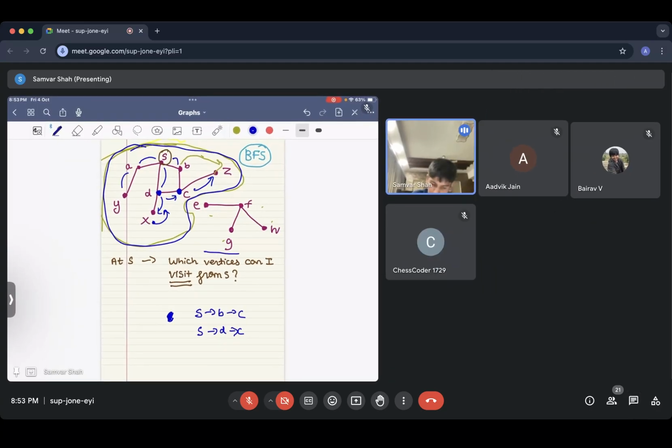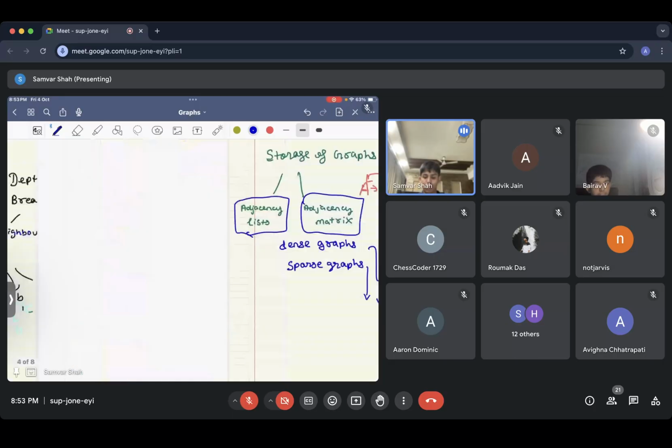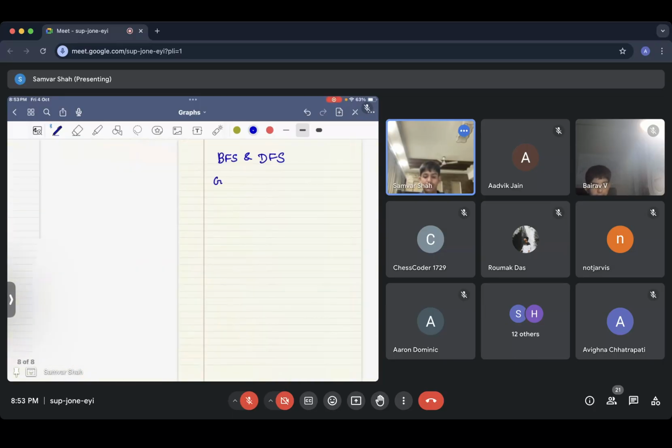These edges were not touched at all because our BFS was from S, the vertex from which we did BFS. But suppose we also wanted the BFS tree of E, F, G, W. Can someone think of what we can do to get this as well?